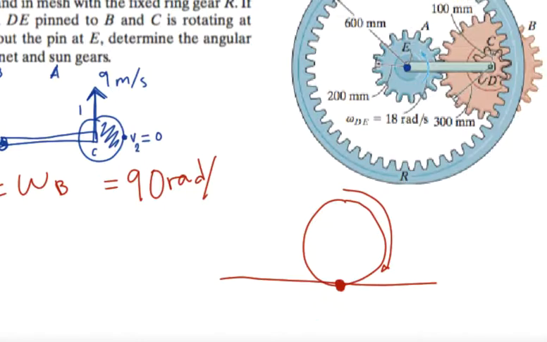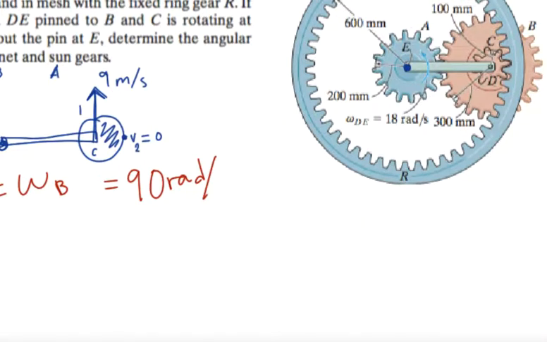So when we're looking at this gear right here, I'm going to draw gear C. It's in contact with something fixed, just like the ground, but in this case we have a ring, and that ring has a velocity of 0, and that's why this ended up being the IC.